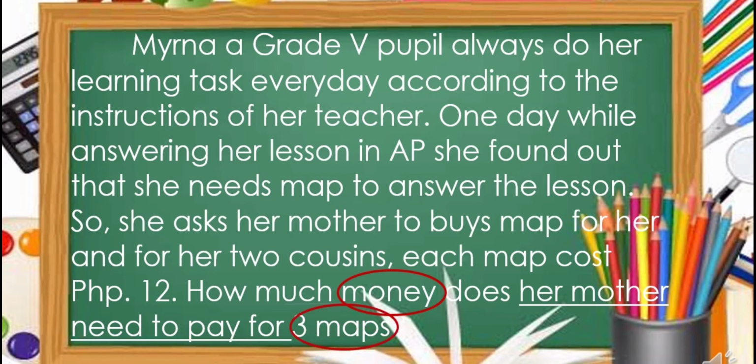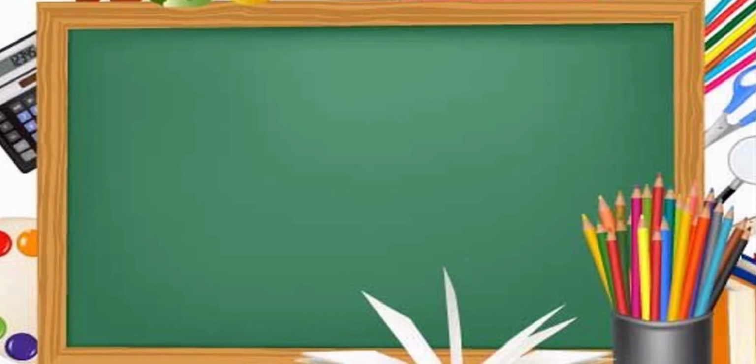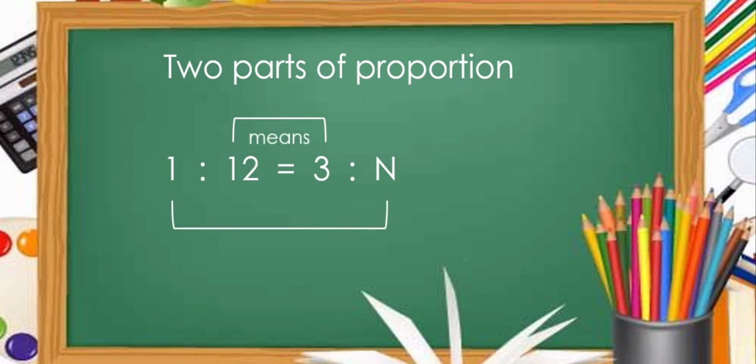The given information are 3 maps and 12 pesos. So, to find the amount of 3 maps, the given ratio should be direct proportion. There are 2 parts of proportion: the means and the extremes.